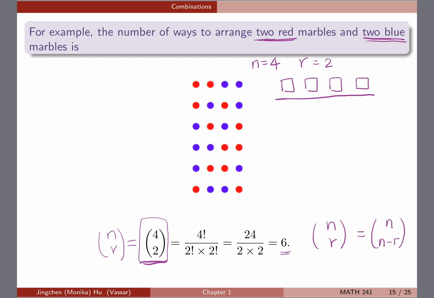But this is really telling you a different way of thinking about combinations, because choosing the 2 locations for the red marbles is equivalent to choosing the 2 locations for the blue. So in the end, you have this very general result, which we're going to cover again in a minute.